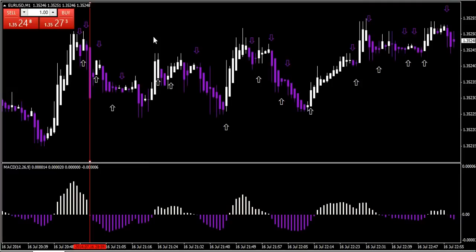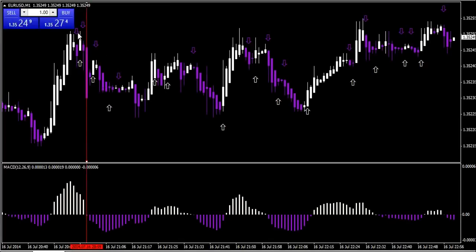So rule number one is I like for the arrows to show up at either the top or the bottom. What I mean by that is I like a series of candles leading up to that signal. So right here we have a series of up candles, and then we have selling signals. That's usually what I like to see.